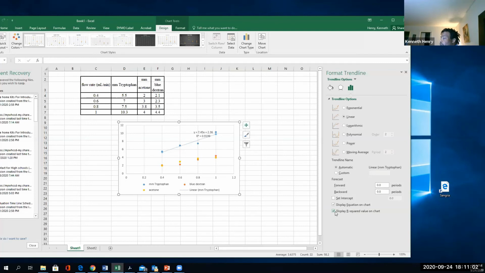If your R squared value is 1, your data is perfect. If it's 0.99, it's really, really, really good. If it's 0.91, not as great, but it still fits decently. But if you're getting in the 70s or the 30s, then there's something wrong. That probably means that your curve is not linear. It's probably something else.